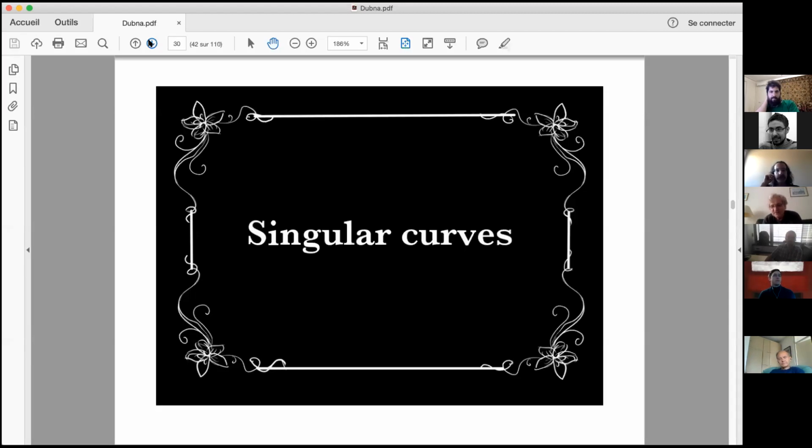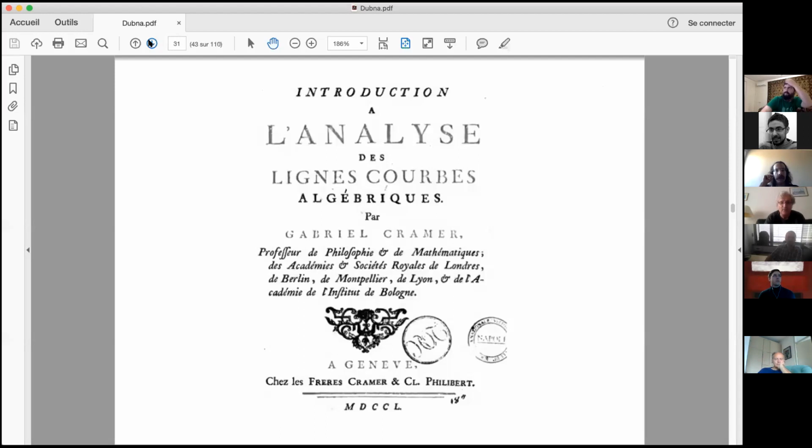Immediately when I saw this theorem of Conceivage, 1 second later, I was convinced that for me, the more interesting question was not about polynomials, but about algebraic curves. So let me first explain a few facts which have been well known for centuries now. This is the cover page of a famous book by Cramer. I don't know in Russia, but probably all French students know Cramer's rule for linear equations.